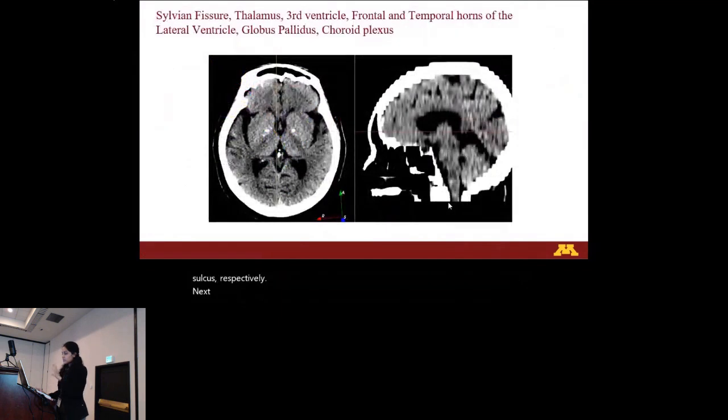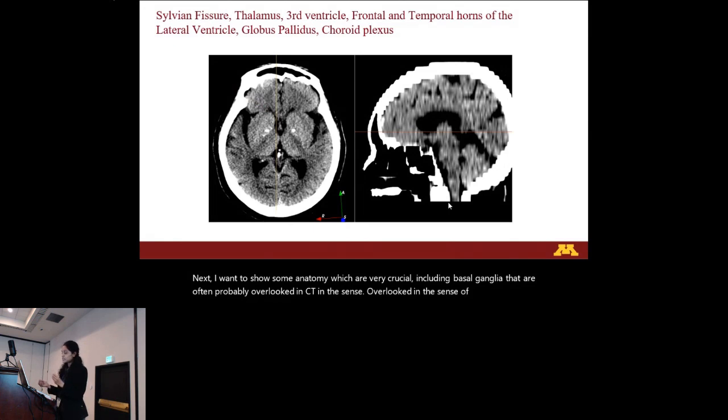Next, I want to show some anatomy which is very crucial, including basal ganglia, that is often overlooked in CT, in the sense of performing data analysis, because as you can see, the ventricles are the most prominent anatomy, but you can also visualize several important anatomies that I've highlighted here.